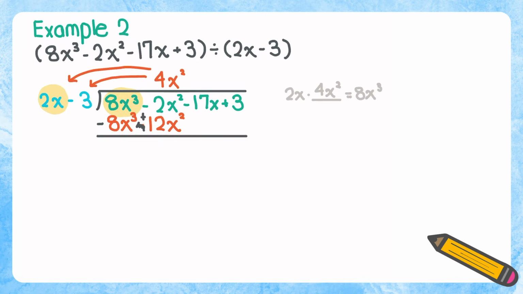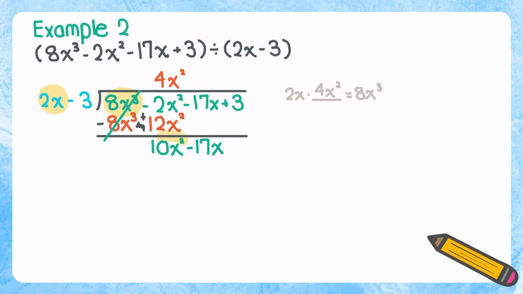And let me also erase the arrows up here to declutter a little bit. Alright, so 8x cubed minus 8x cubed cancels out. Then negative 2x squared plus 12x squared is 10x squared. And then remember to pull down the negative 17x, so the upcoming term.